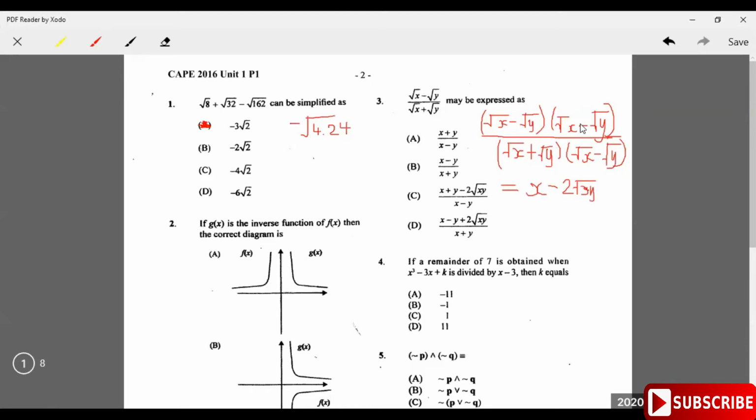And then root y times root y, that's going to give us just y. So before we even finish the question, we can clearly see that the answer is the one that's going to have x minus 2 root xy plus y. That simplifies out to be C. So number 3 is C. Easy question.